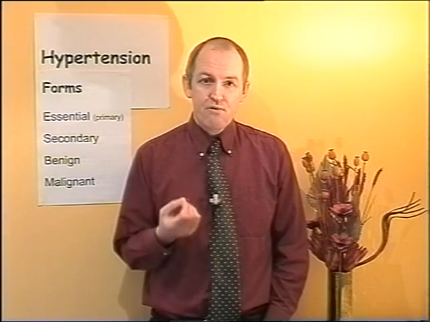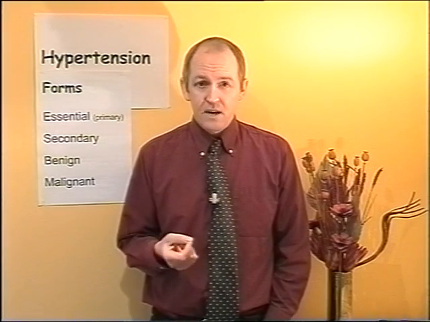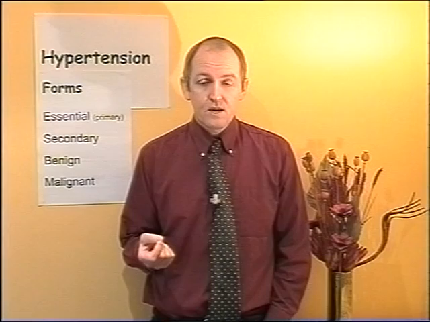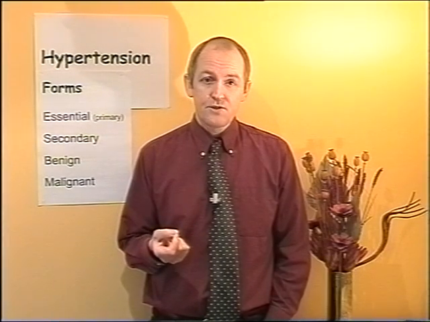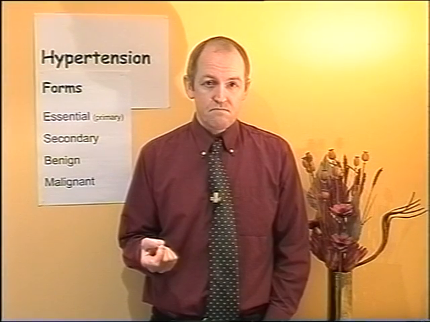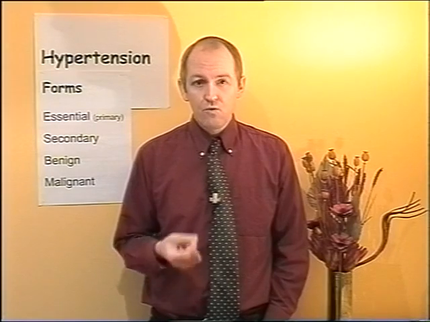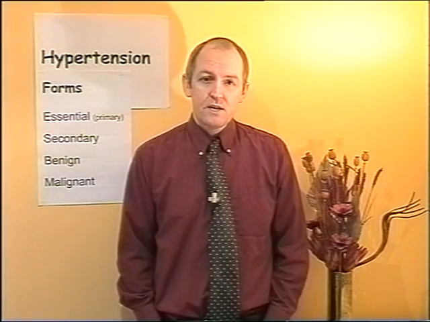The person has a primary hypertension. And usually this is idiopathic. We don't know what causes this. So the most common form of hypertension by far is essential or primary hypertension. No apparent cause, no apparent underlying disease of which the hypertension is a symptom.